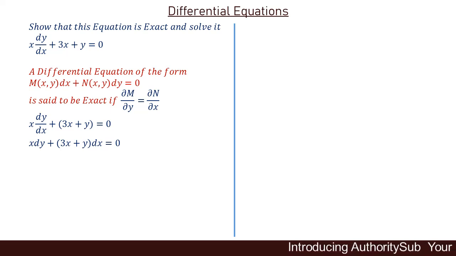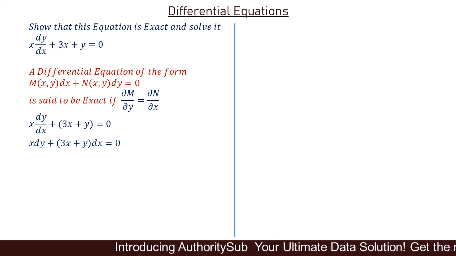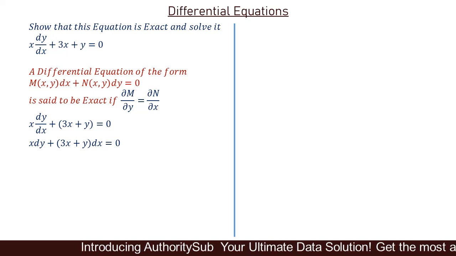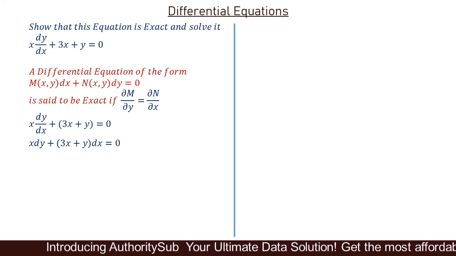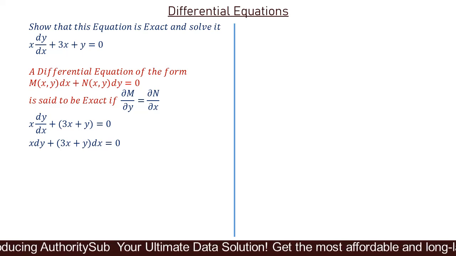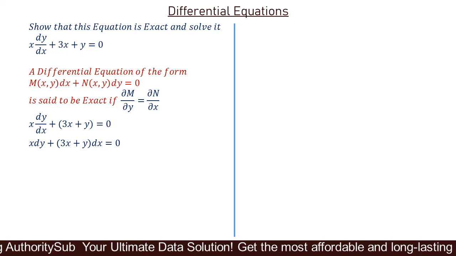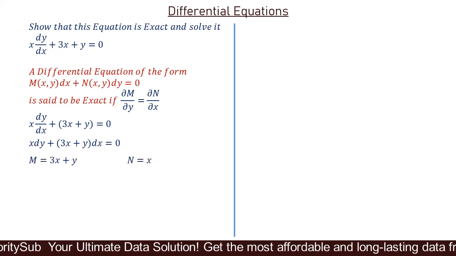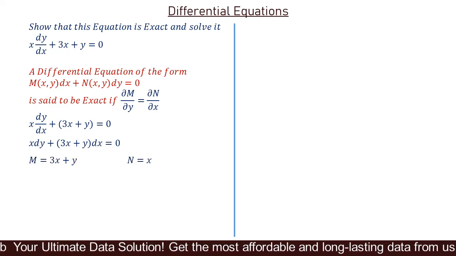By definition, right? Good. Now, this part that is having dx, we're going to call it M. The part that is having dy, we're going to call it N. Are we together? Yes. Now, from this equation, we have the part that is having the dx is 3x plus y. We say this is M, and then the other side, we have N is equal to x.